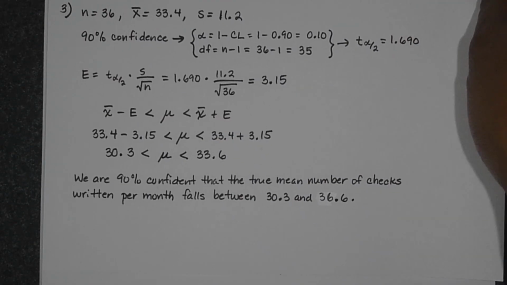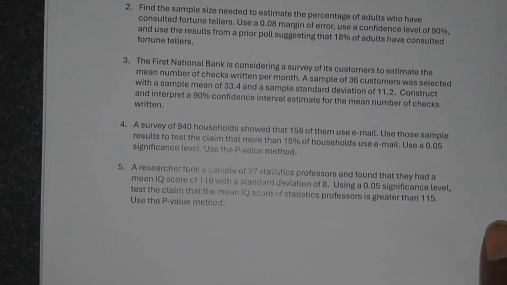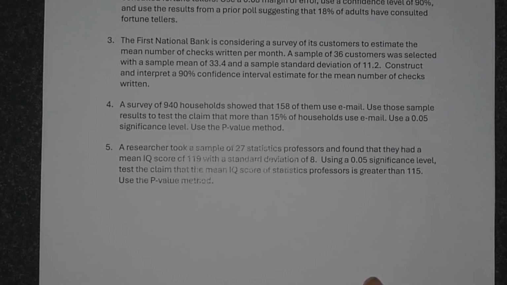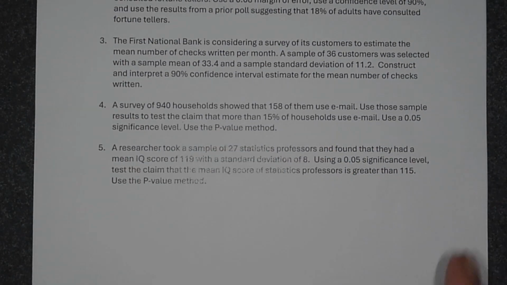Okay, now problems 4 and 5 deal with hypothesis testing. Number 4 deals with the population proportion. Number 5 deals with the population mean. And they're both of one sample. In number 4, a survey of 940 households showed that 158 of them used email.